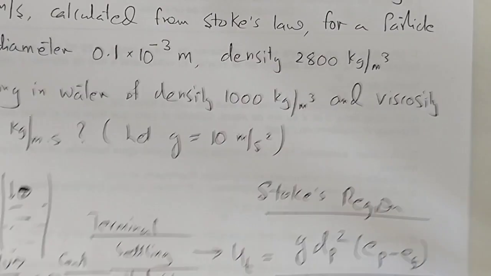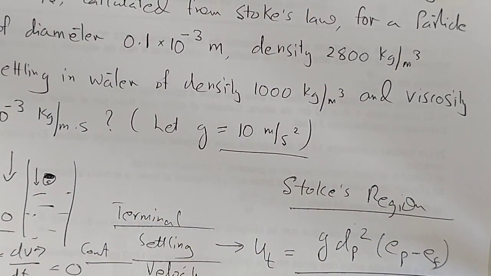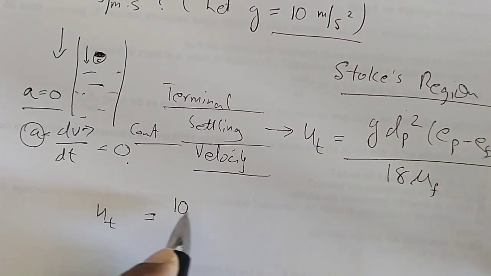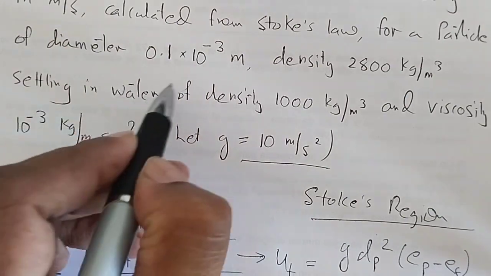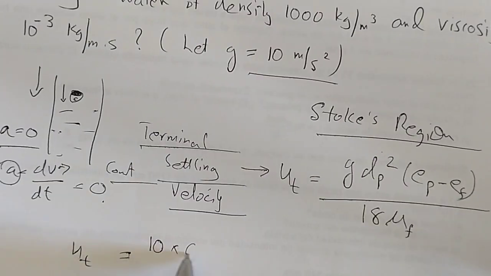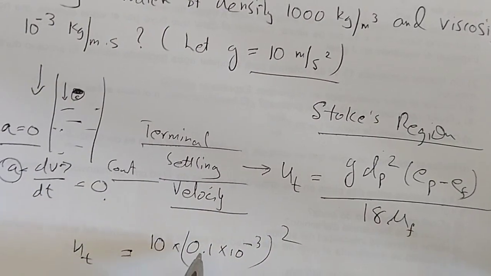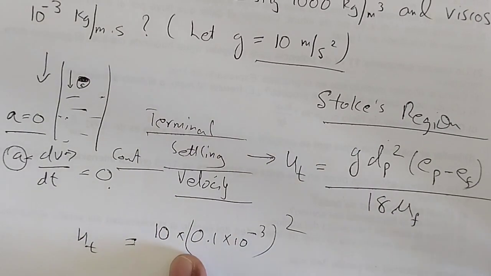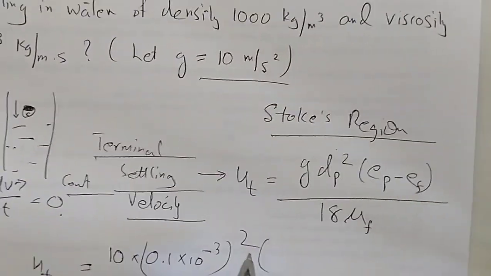G, instead of taking 9.81, it is mentioned that you should take the value as 10. Diameter of the particle is 0.1 into 10 raised to minus 3. Remember, this is squared. Don't forget to square the 0.1. Usually people make a mistake in this.